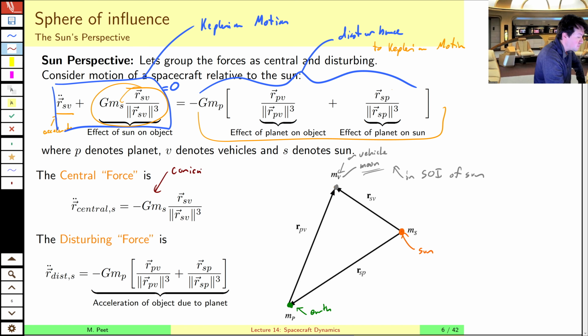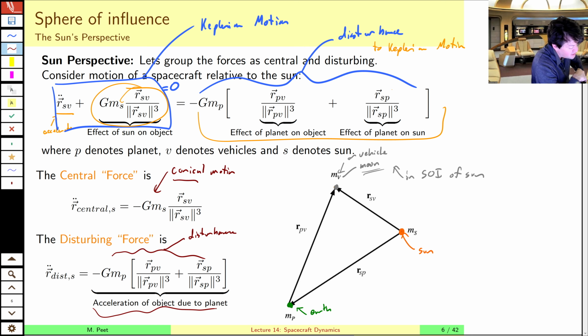And these are the disturbances that we talked about in the last lecture. The extent to which our motion around the sun looks conical, or Keplerian, is going to be determined by the extent to which these terms right here can throw off our orbital elements. And that is determined by their relative magnitude with respect to this.